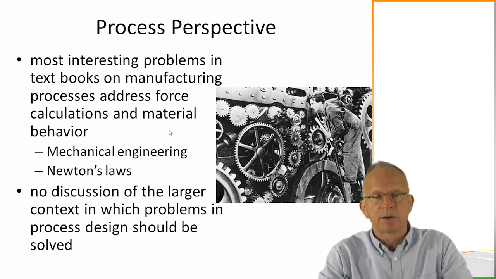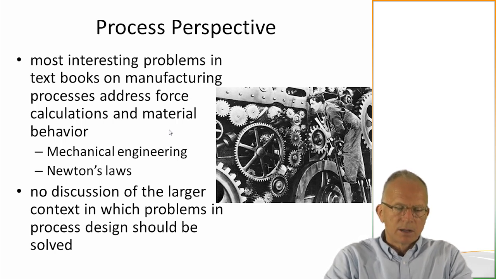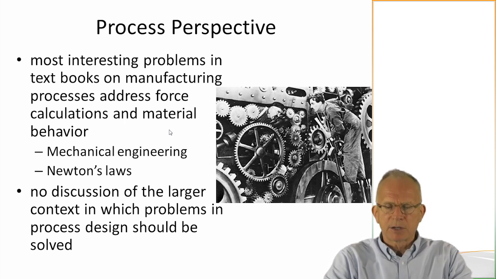Now, if we look at what the interesting problems are, most of these relate to mechanical engineering, and many of them come back to Newton's laws. What we're doing in manufacturing is trying to apply force or concentrate energy in the modification of a product.